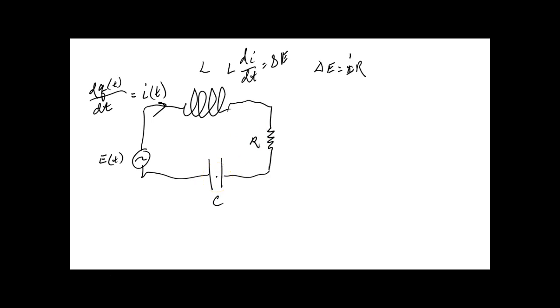Now, your capacitor is not dependent on current. It's dependent on charge. And that is the voltage drop, the delta E for a capacitor. Let me put for resistor, for inductor, and this will be capacitor.